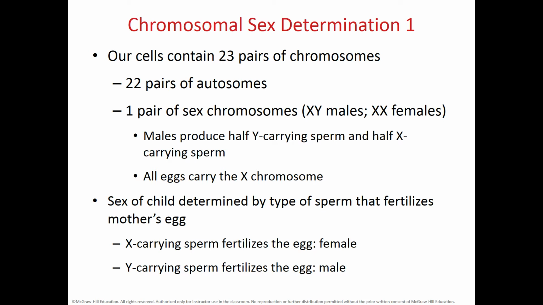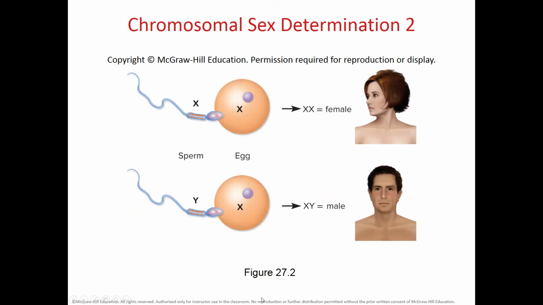And if the sperm cell carries the X chromosome, then the product will be a female. And you can see that in this diagram. Here this sperm cell has the X chromosome, so it combines with the X chromosome from this egg, so you'll have a female. And in the case of this Y chromosome in the sperm fertilizing the egg, it will make a male.